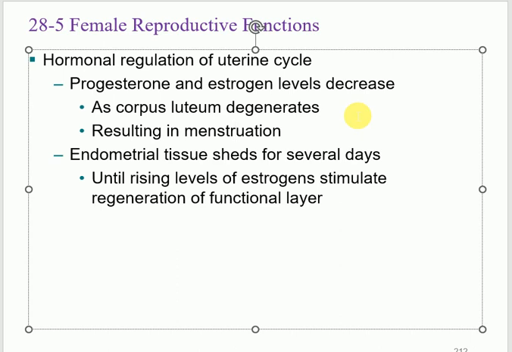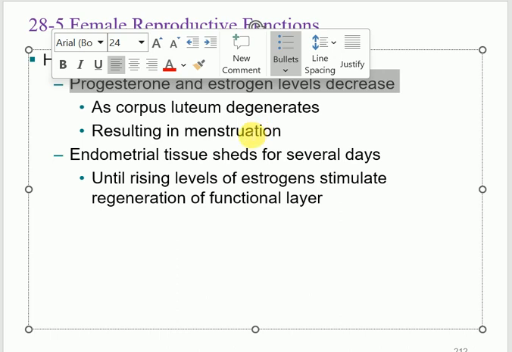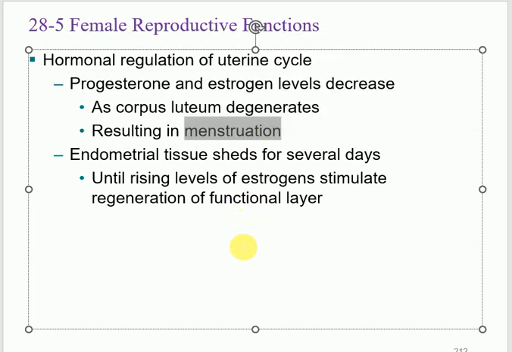the secretory phase. If there is no pregnancy, these two are going to drop, as I mentioned before, and this will lead to the functional zone not being supported anymore. So shrinking of the vessels, not enough blood supply, it sheds off, menstruation starts, which is what I talked about before.